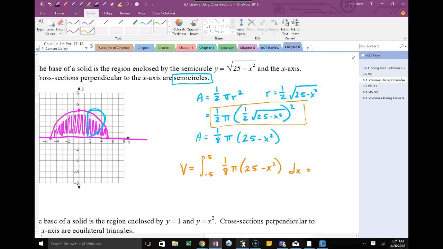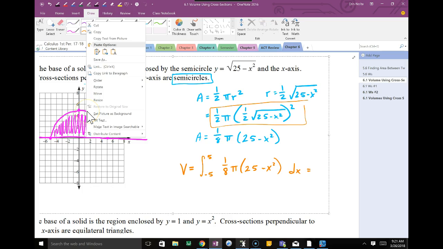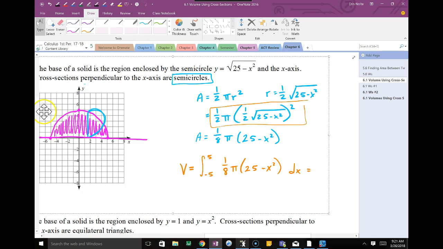So the radius is only half of the distance of the diameter. The distance from here to here is the square root of 25 minus x squared. But I want a radius because this equation is in terms of radius, which is half of that distance. Does that make sense?